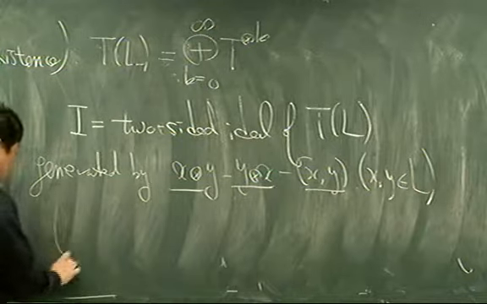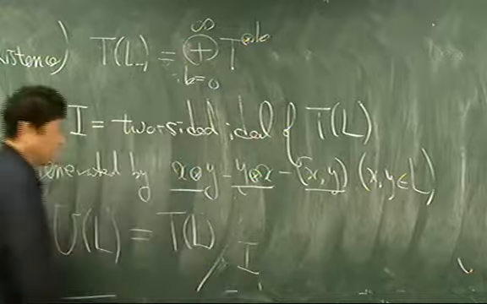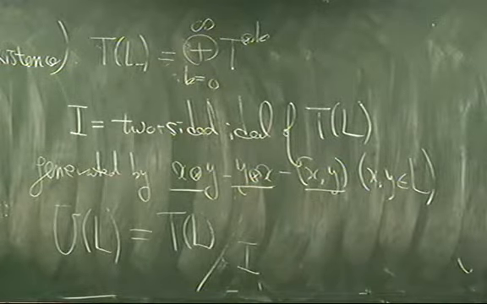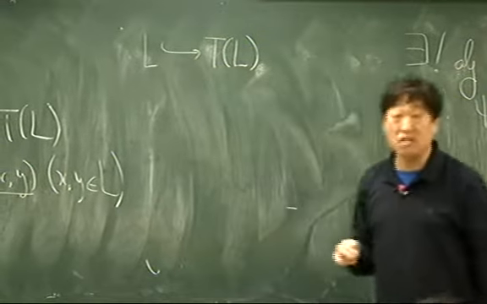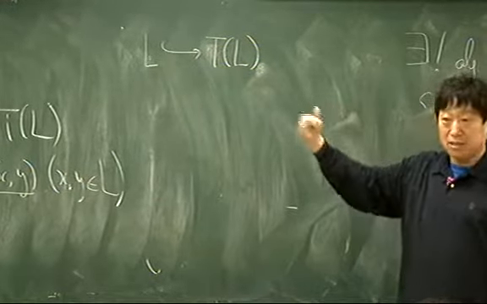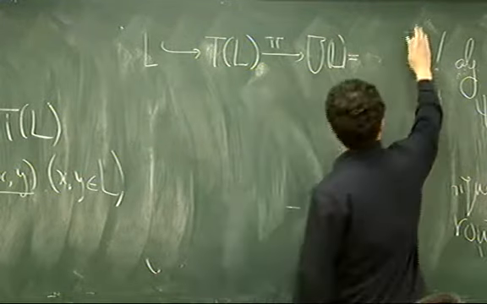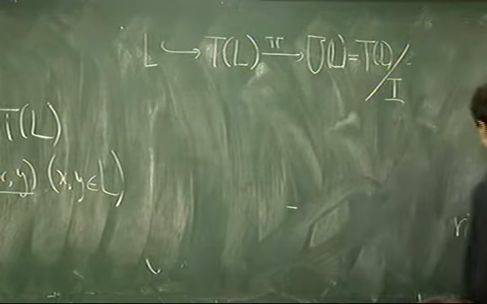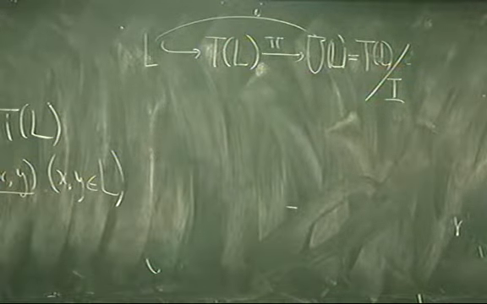And consider the quotient of the tensor algebra by the ideal I. Then we have an injection, an embedding of L inside the tensor algebra, and there is a quotient map, a natural projection of the tensor algebra by I. Then consider the composition, which is denoted by i.